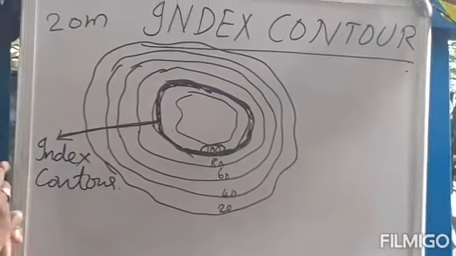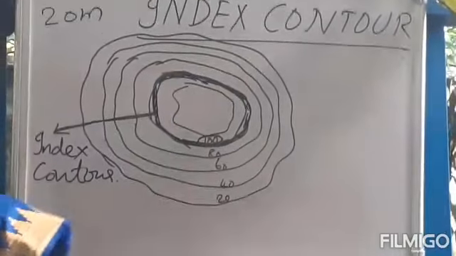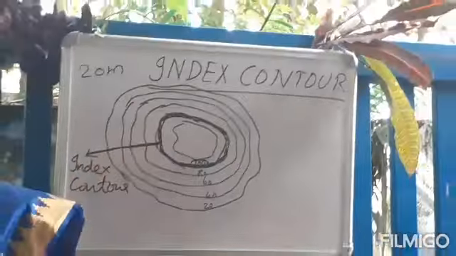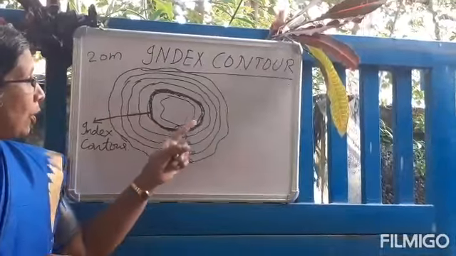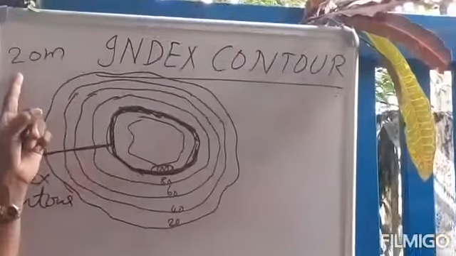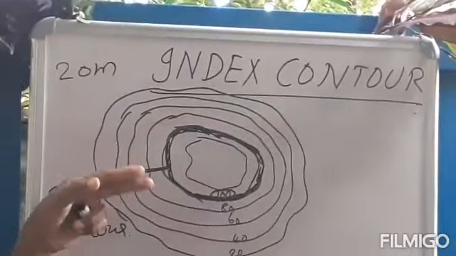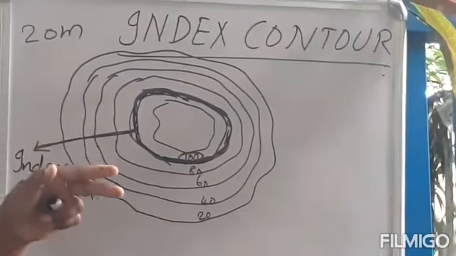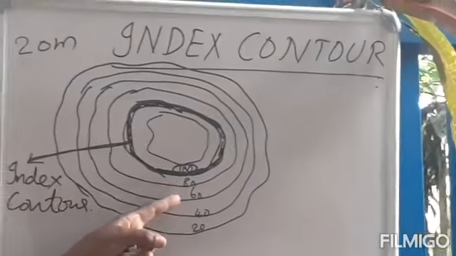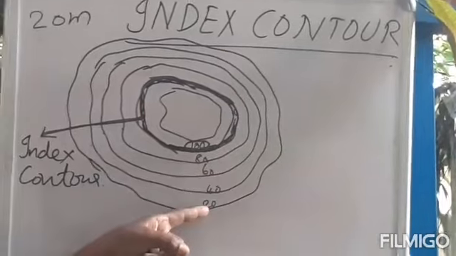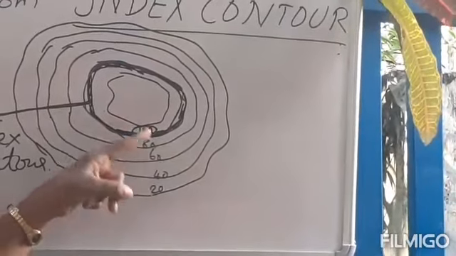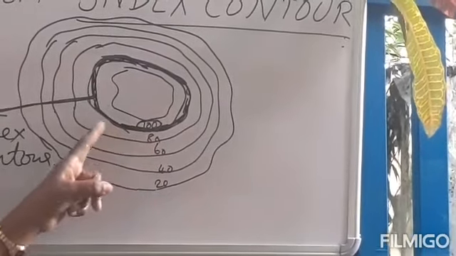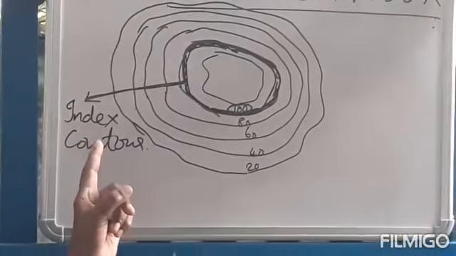To interpret a topographical survey map, index contour is very essential. And what is index contour? Although the contour interval is 20 meter, to make the topographical survey map a distinct one, every fifth line in the multiple of 20 is made more clear. This clearly made contour is called index contour.